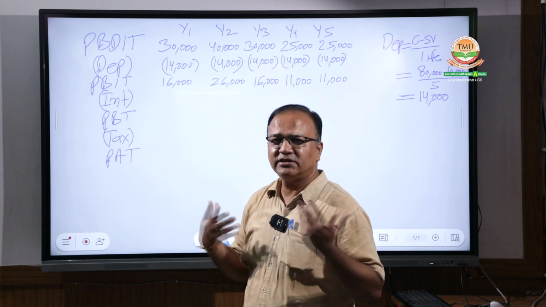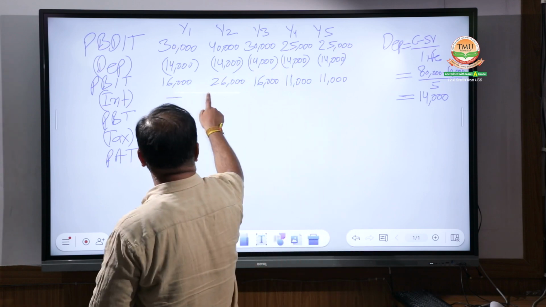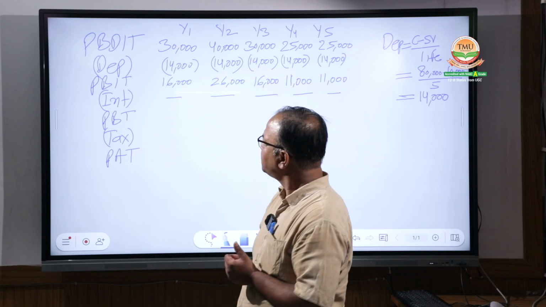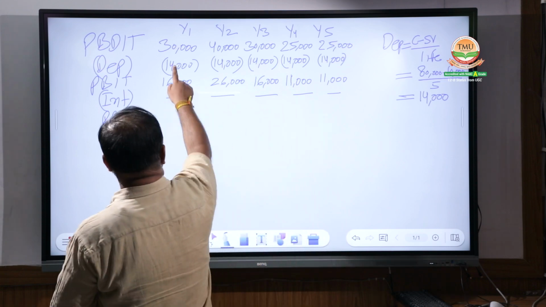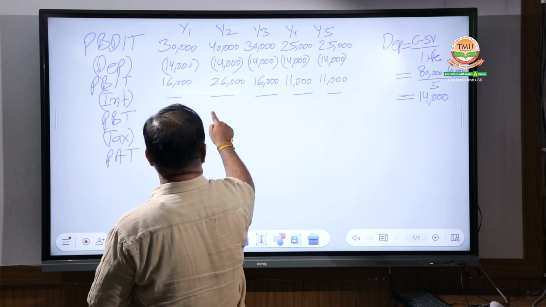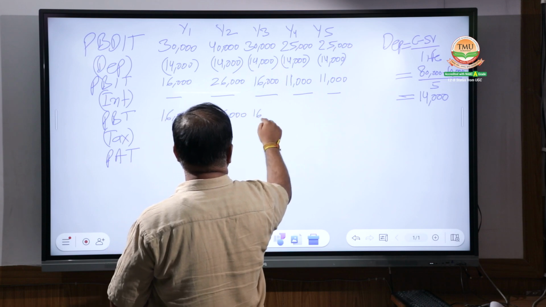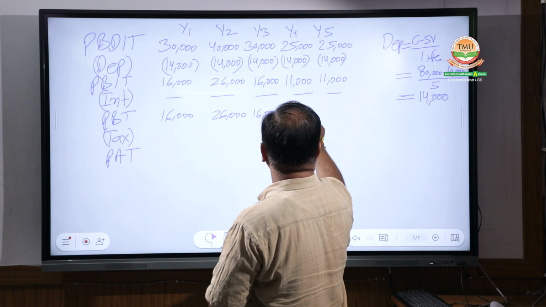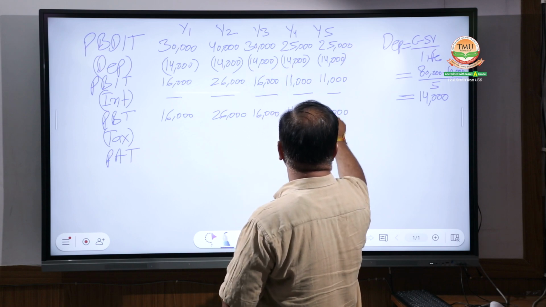Now, interest is not given in the question, so it will be nil. It means the amount of PBT will be the same: 16, 26, 16, 11, and 11.